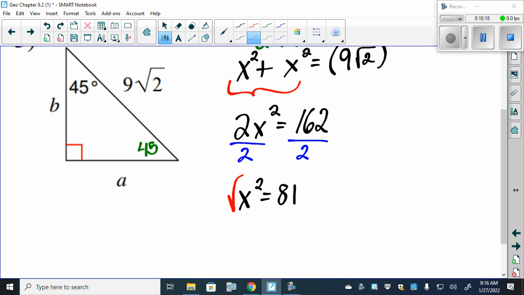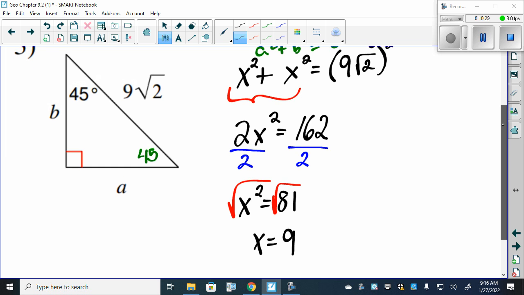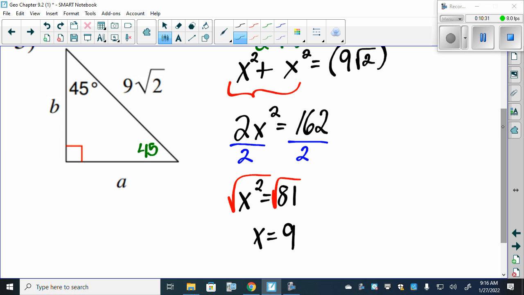Now we can find the square root. So x is equal to 9, which means a and b are both 9.